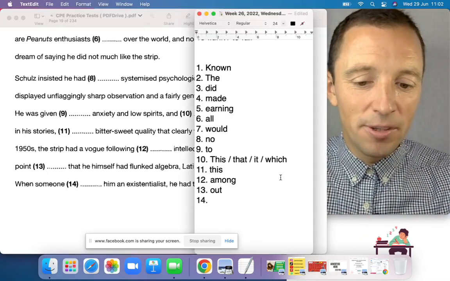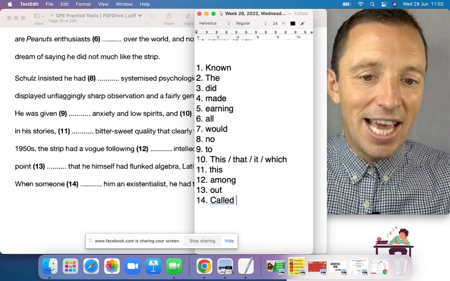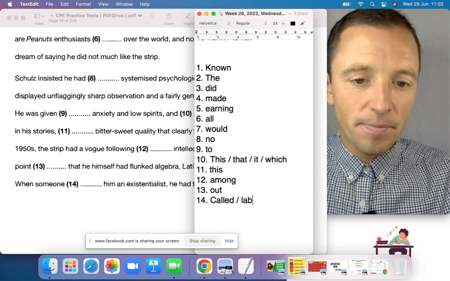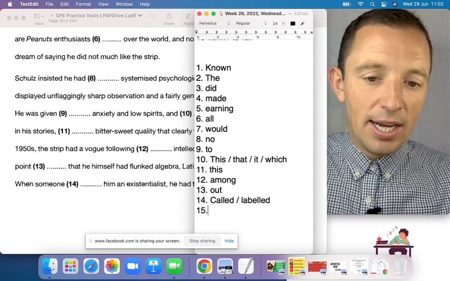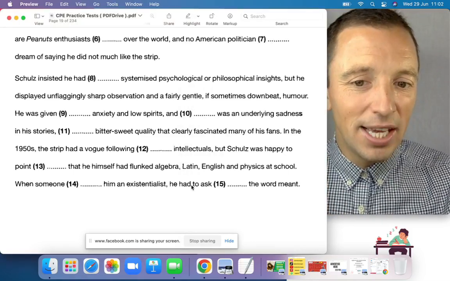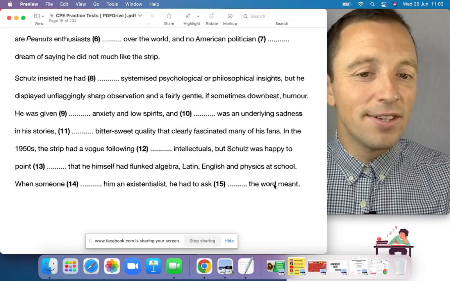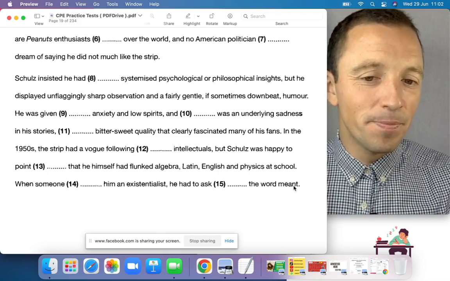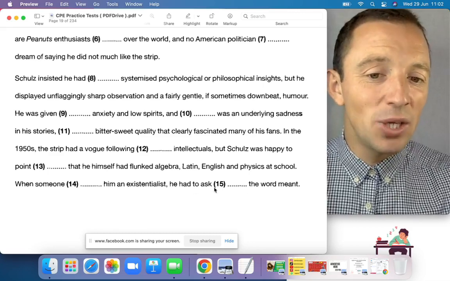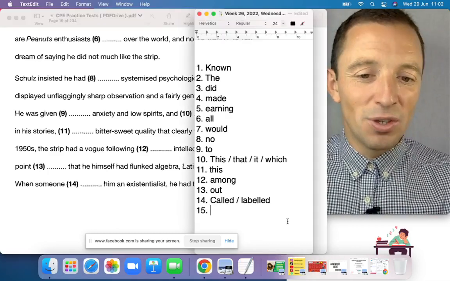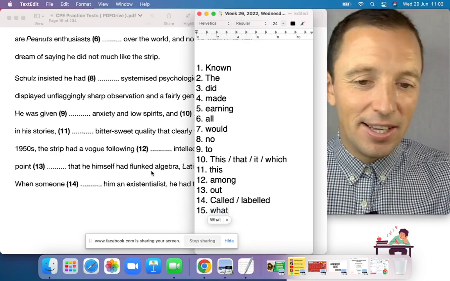So I think called or maybe labeled him an existentialist. I think that's the only options. He had to ask what the word meant because he did not understand the significance of the word.